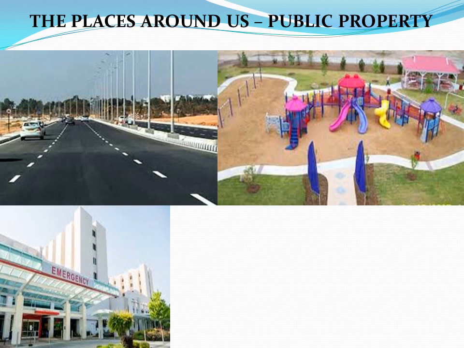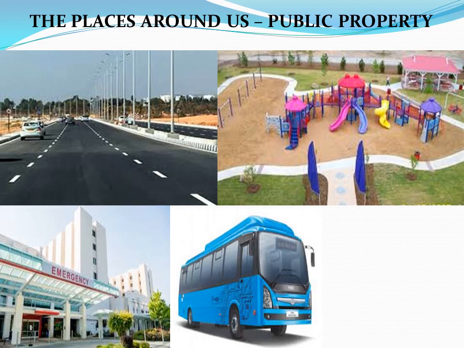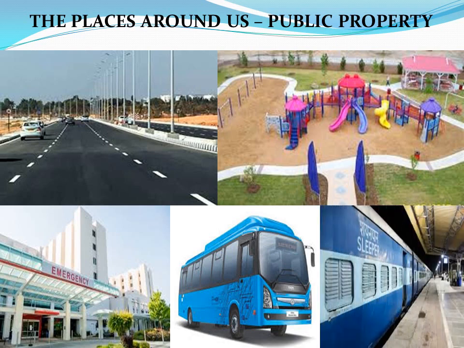So what is our responsibility? To maintain them. We should not cause any damage to these places or to these vehicles. Since they are taken care of by the government, they are called public property, because the public, the normal people of the country, are the main section using them.